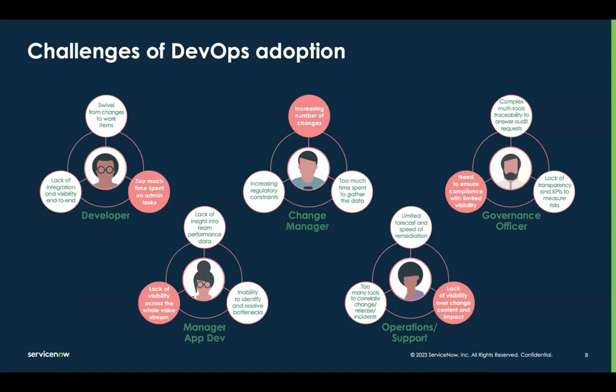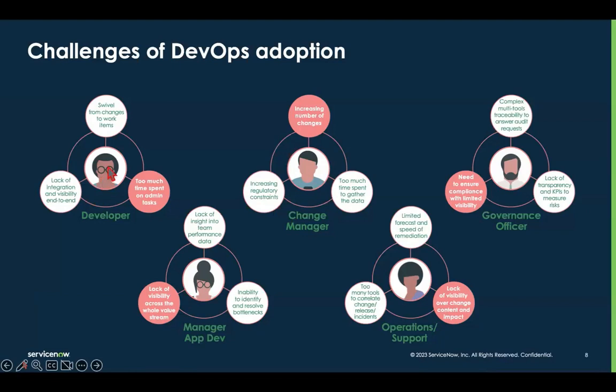And how do they do that unless there's some automation which can help them? The developer, as I said, is often having to swivel from their tools into ServiceNow to put all the data into the change, and spending a lot of admin time on these sort of tasks.